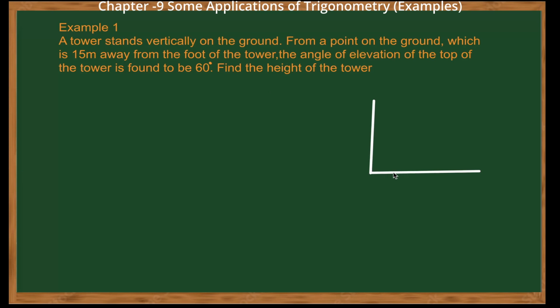From this point, the angle of elevation of the top of the tower is found to be 60 degrees. Elevation, as we have discussed, is nothing but looking elevated at the top.